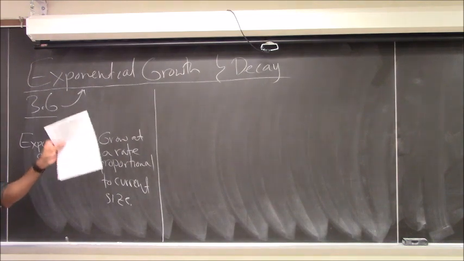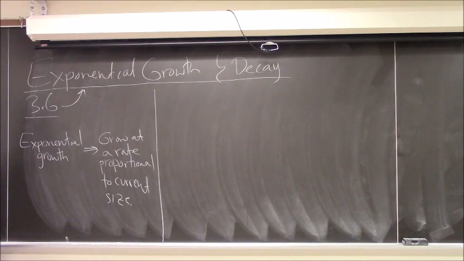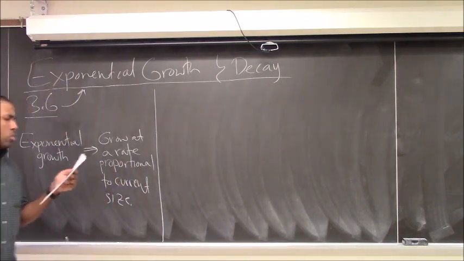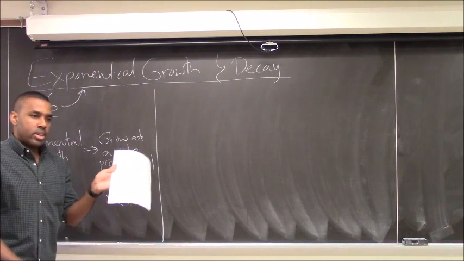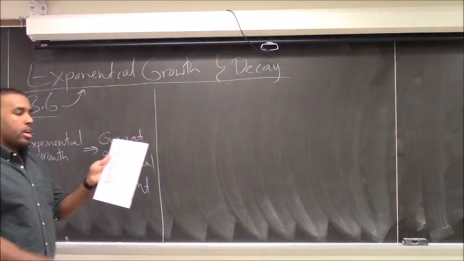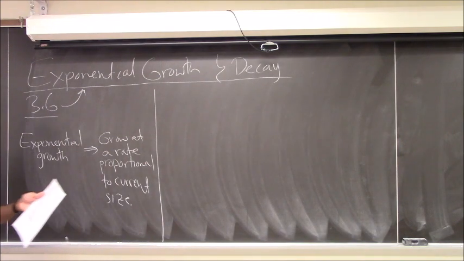And you would see similar equations to this in your chemistry class, for example. So let's actually go through them. These formulas here, I would expect you to have them memorized. They're in the box. They're very similar. One talks about growth and decay, and the difference is going to be the negative sign.